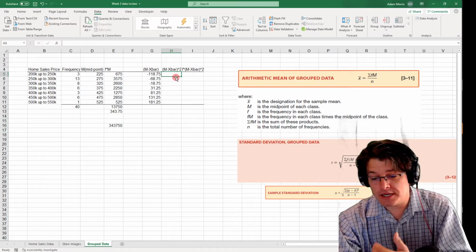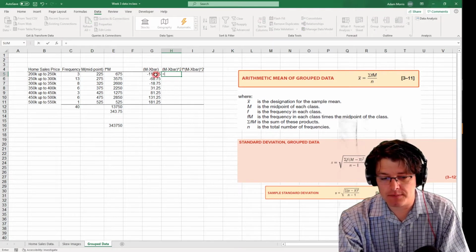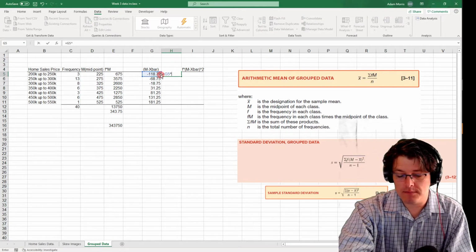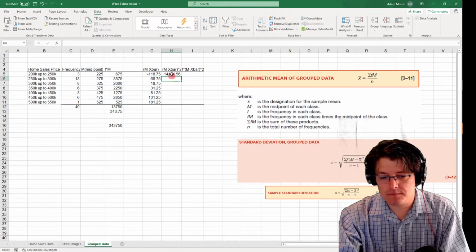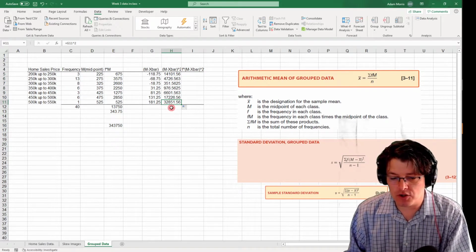Okay, so continuing, we want to build that numerator here. So m minus x bar squared is just going to be this column squared. Right? Just use that caret squared, drag that down, and we now have the start of the numerator.